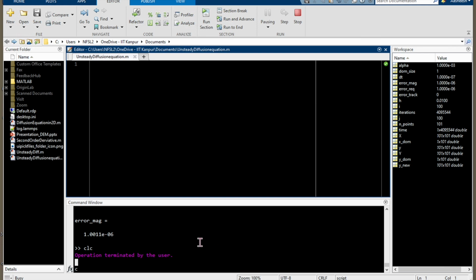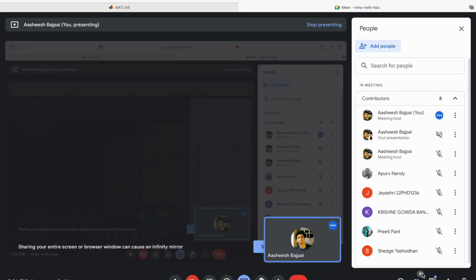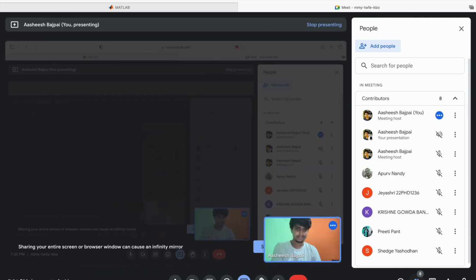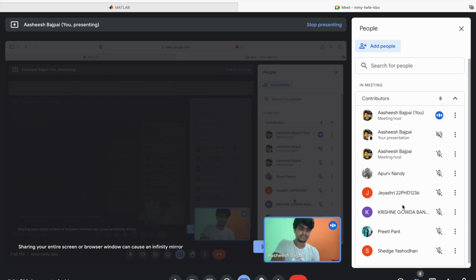Do you all have MATLAB? Are you using it for assignments, and are you comfortable with assignment submission? What are you using for assignment submission?